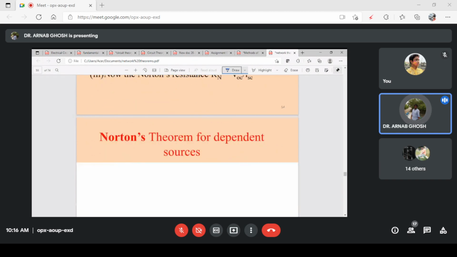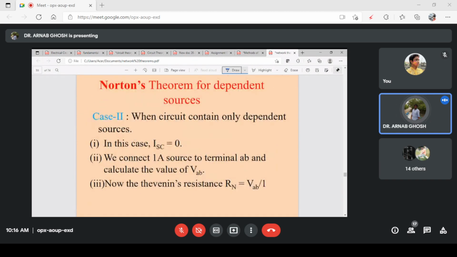Next, Norton's theorem for only dependent sources. When there are only dependent sources, the short circuit current will be equal to 0.